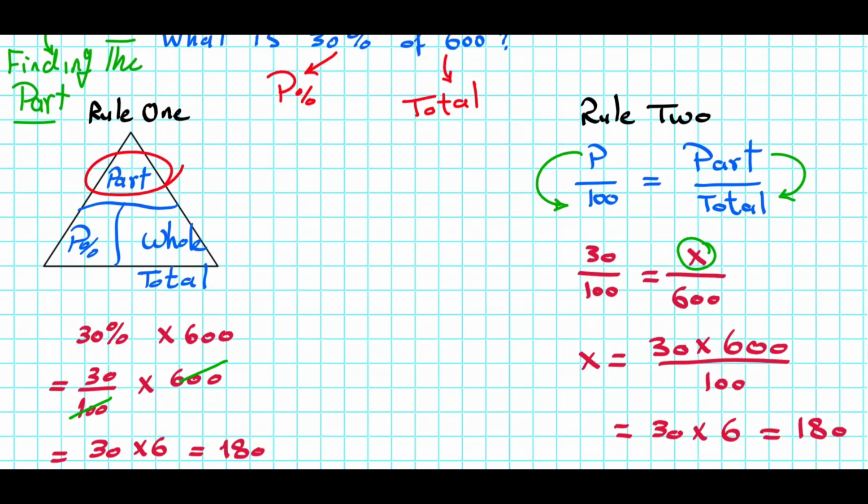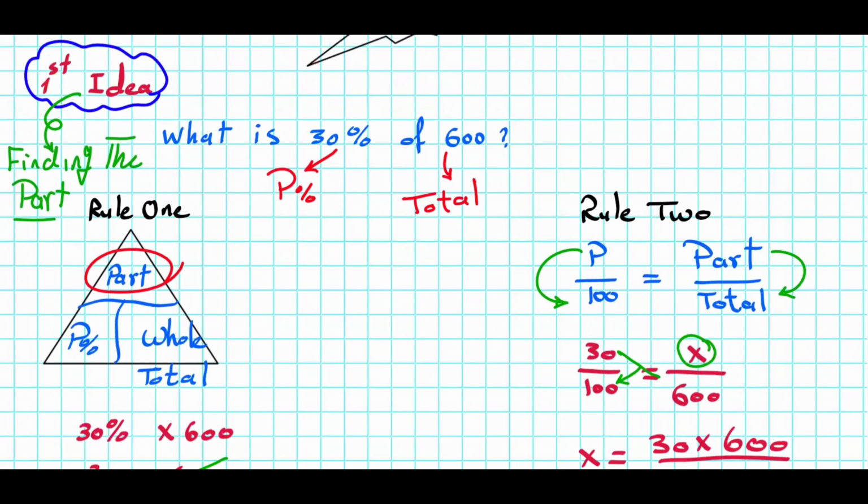So we can make a half cross to get the value of x. So 30 multiplied by 600 over 100, the result is also 180. So that's the first idea. We can get the percent of a number, which is a part of a number.